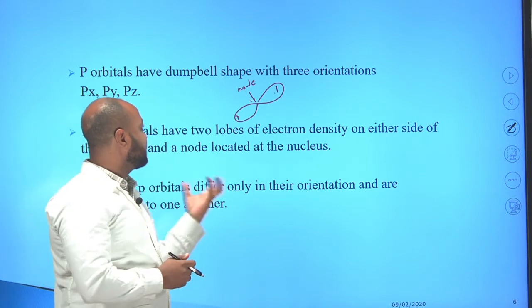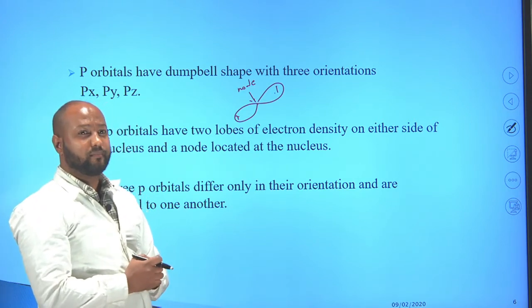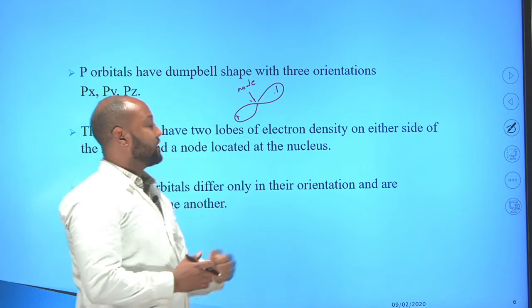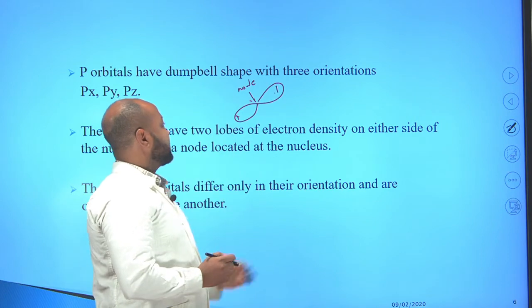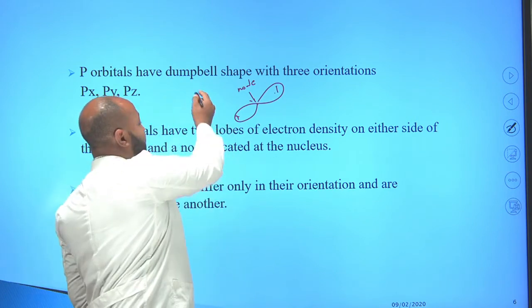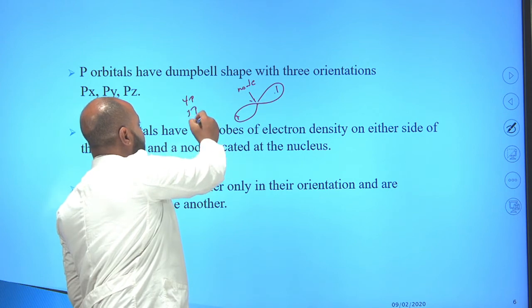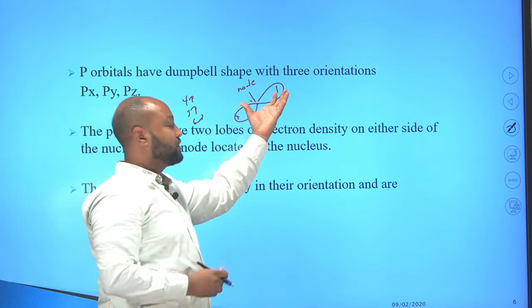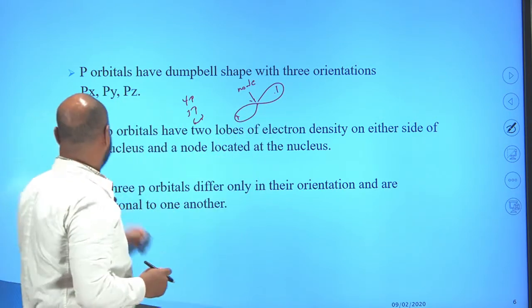So how do these 3 p orbitals differ? There is no difference between them, but when the principal quantum number increases to 4p, 5p, 6p, only their lobes become larger in size and their nodes increase.